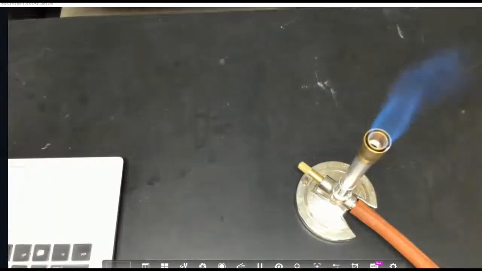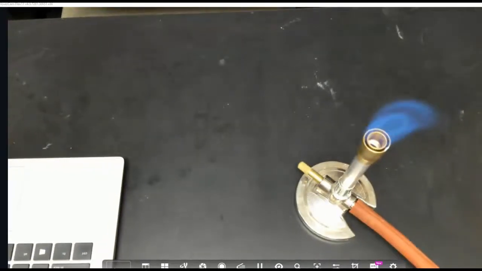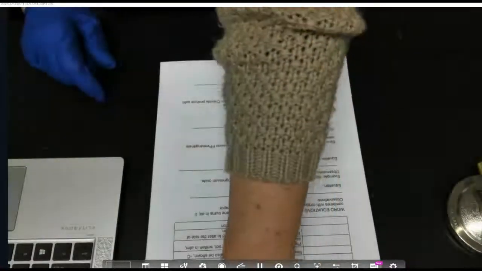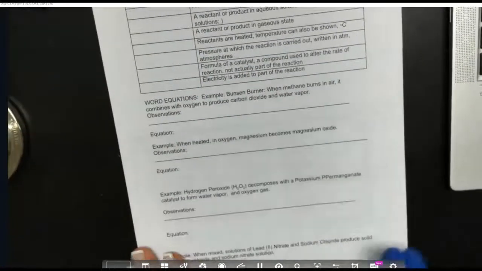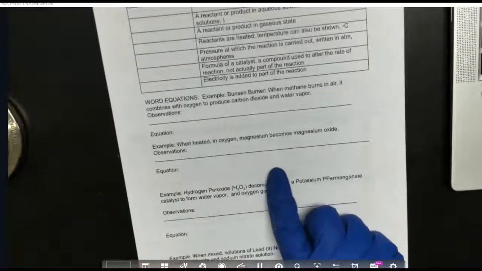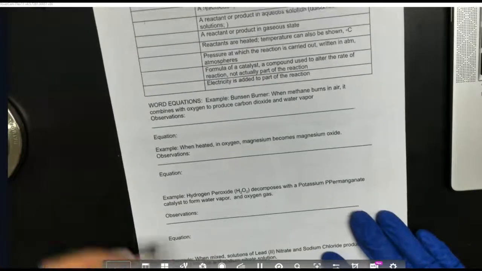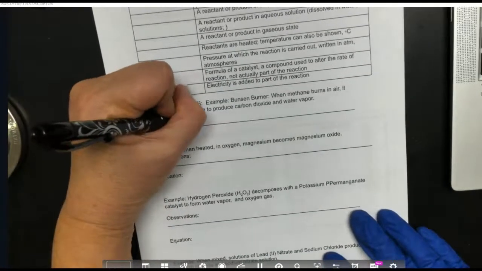I'm going to go ahead and turn on the lights. But for right now, we need to go ahead and write in the symbols for just this reaction right here. This reaction, what we saw on our observations, and you're going to go ahead and type these in, we saw a blue flame.